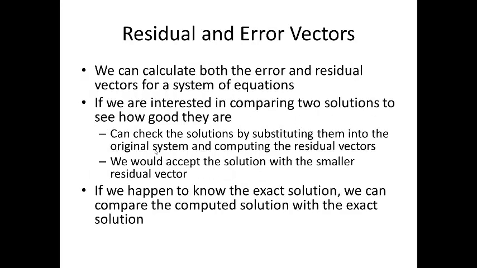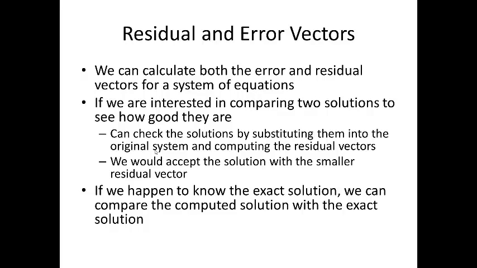In terms of error analysis, we can calculate both the error and the residual vectors for the equations. It's interesting, in comparing two solutions, to see how good they are. We can check these solutions by substituting them into the original system and computing the residual vectors. We then accept the solution with the smaller residual vector. If we happen to know the exact solution, so much the better.